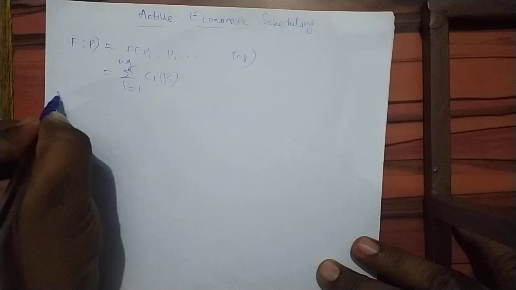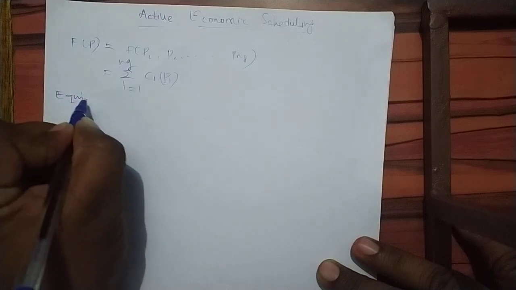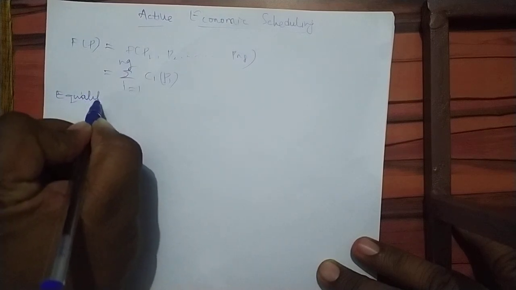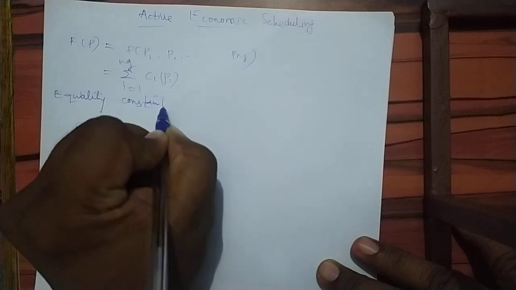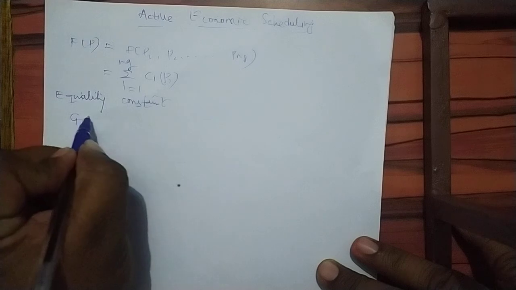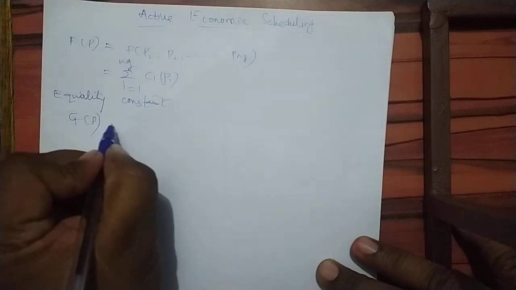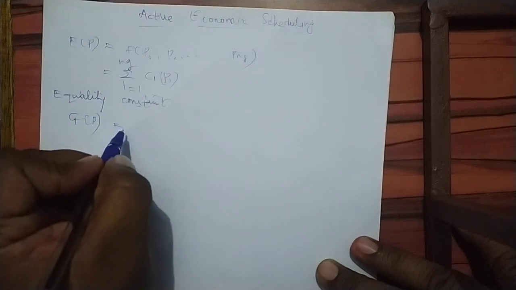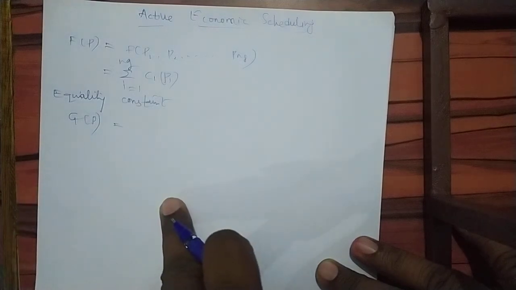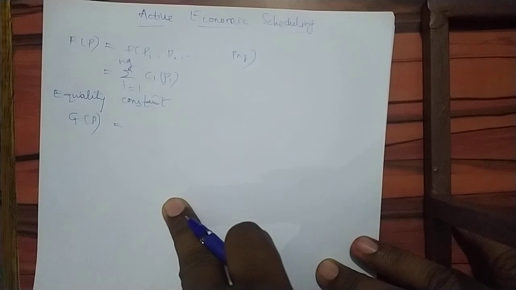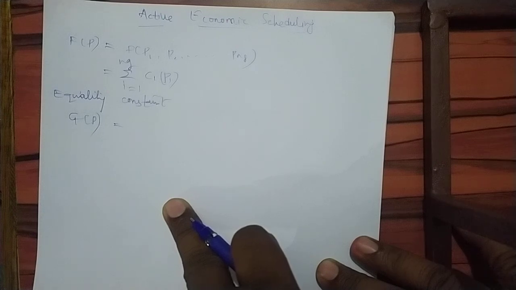So the equality constraint, already we have discussed, G of P is equal to what? Here in the previous derivation we had not considered transmission losses, so the total load demand is equal to total generation.